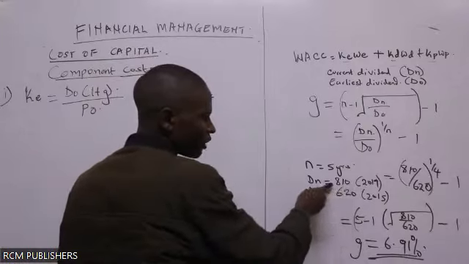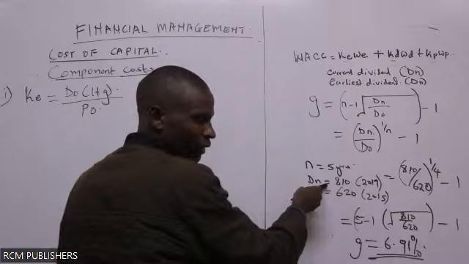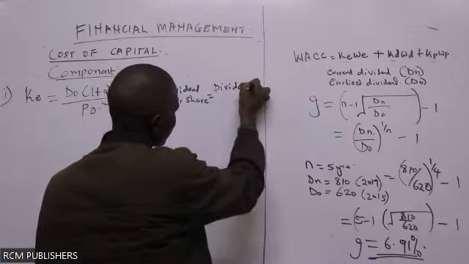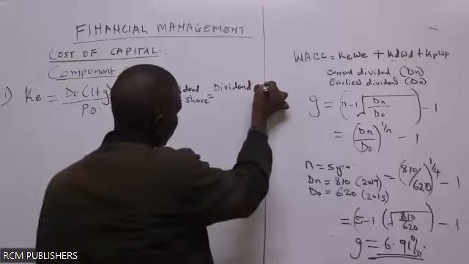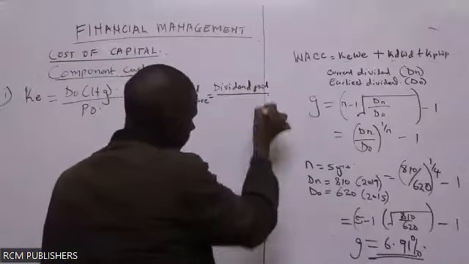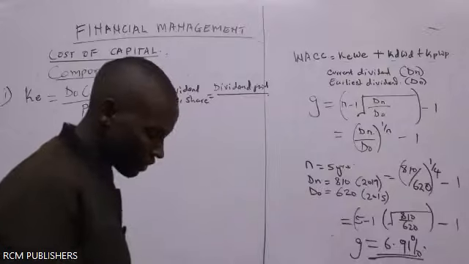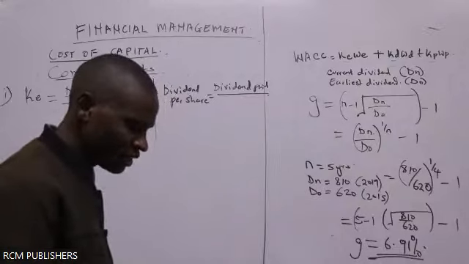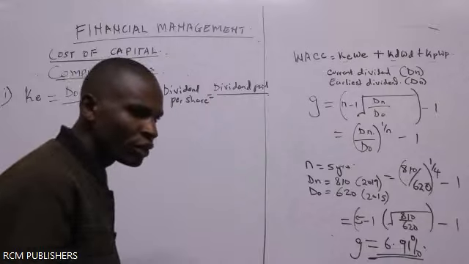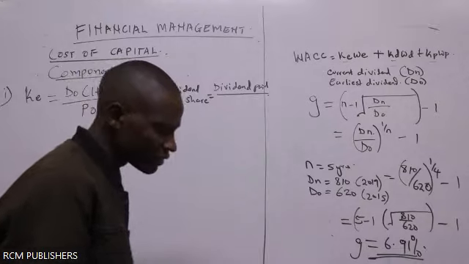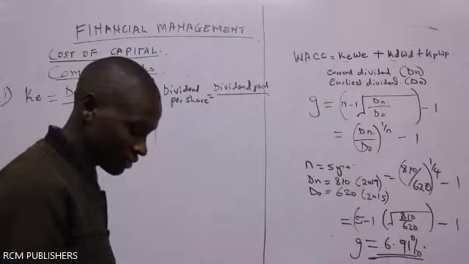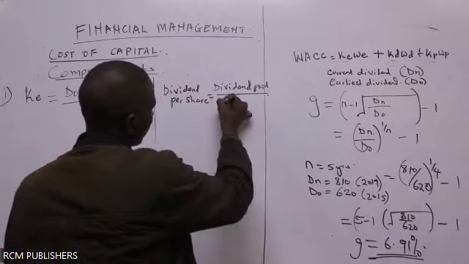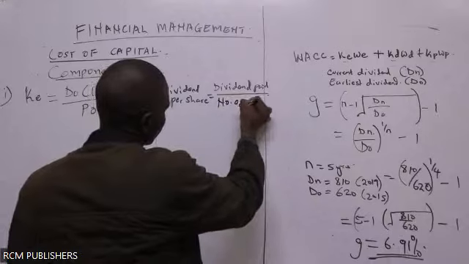First of all, I have to take the dividend paid in 2019, divided by what I'm given as the ordinary share capital, the 3 million. Yes, number of shares.